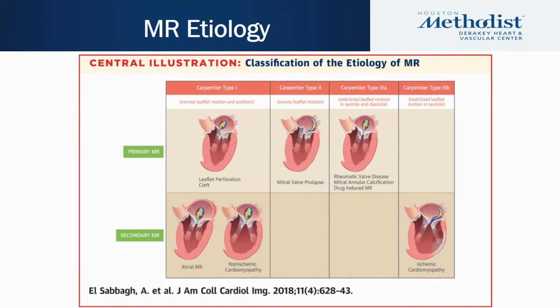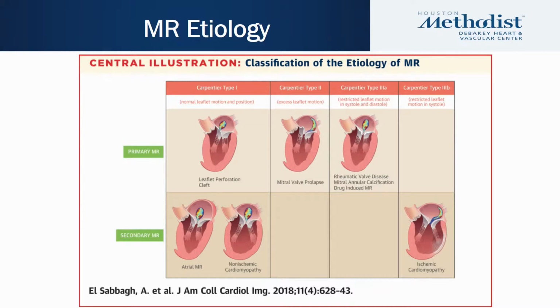In contrast, secondary MR can be divided into atrial MR, which is secondary to atrial dilation, or functional MR secondary to non-ischemic or ischemic cardiomyopathy, and this is due to LV dilation and tethering of the leaflets.